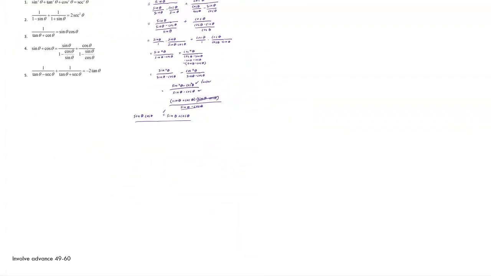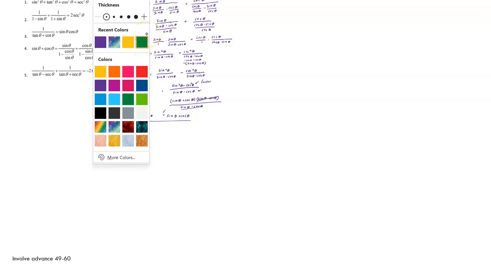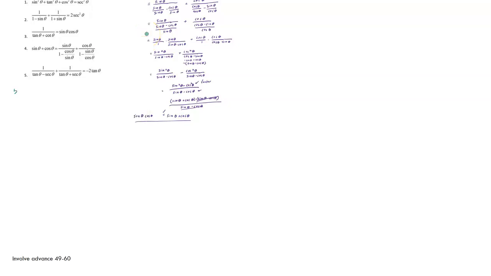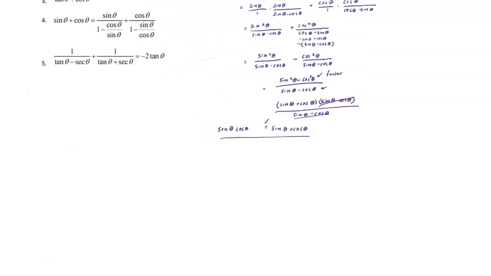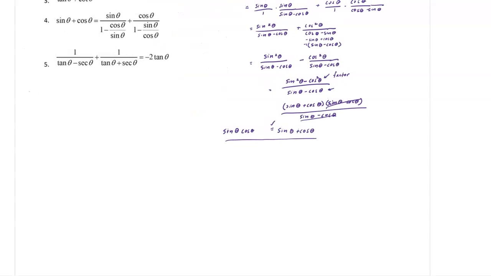Next, let's go ahead and do number 5. Okay, number 5 took a long time for me to do. Let's just start the problem with the left-hand side; I'm going to change it. The right-hand side is very simplified. Okay?